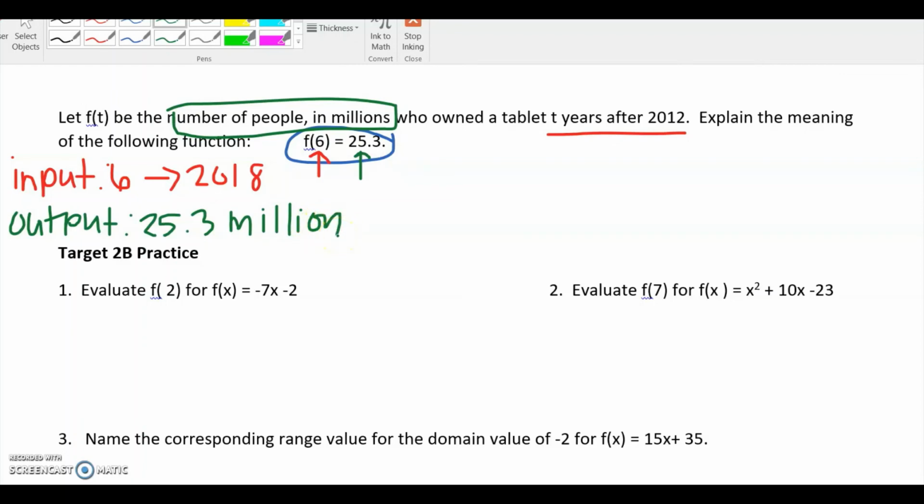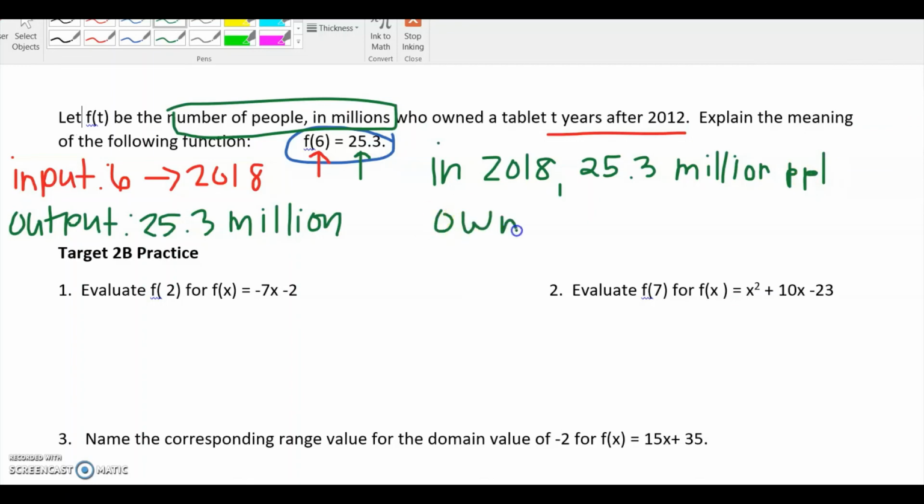And so it wants you to explain the meaning of the following functions. So we take this input and output that we have and turn it into a sentence. So we could say, in 2018, 25.3 million people owned a tablet. So that would be our answer to that one.